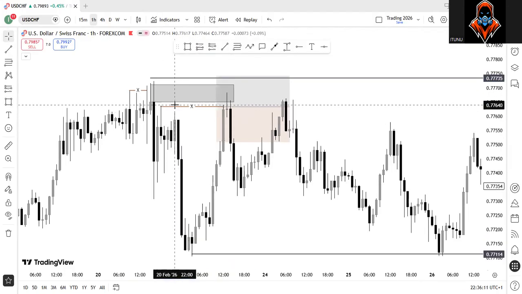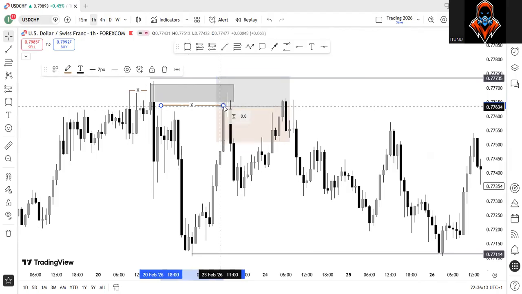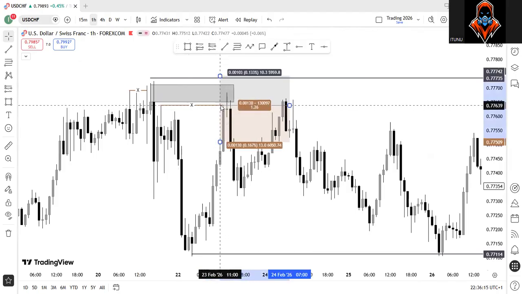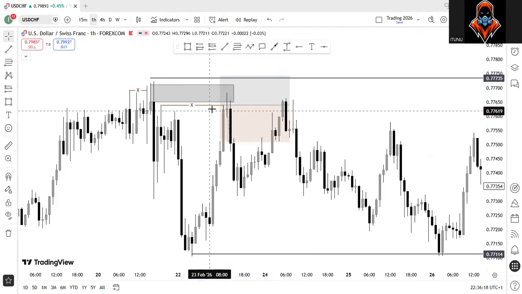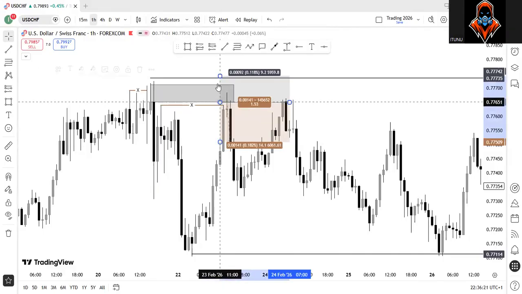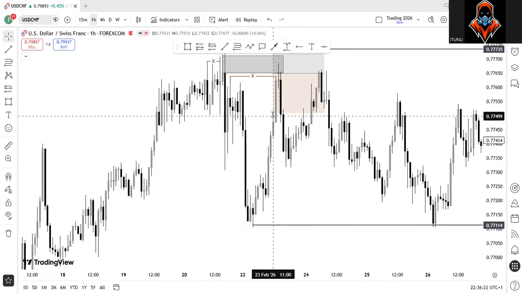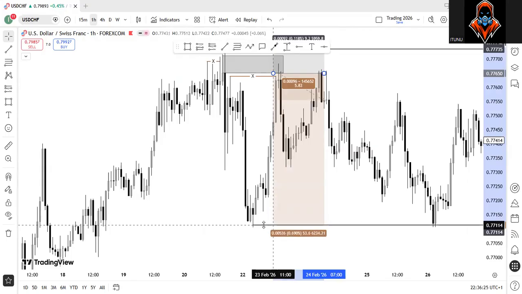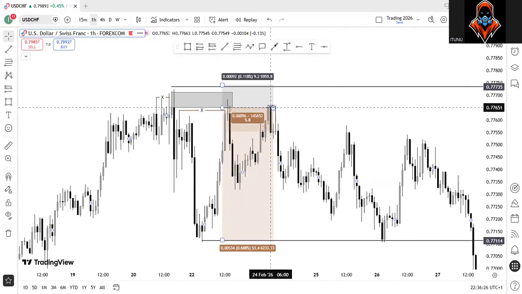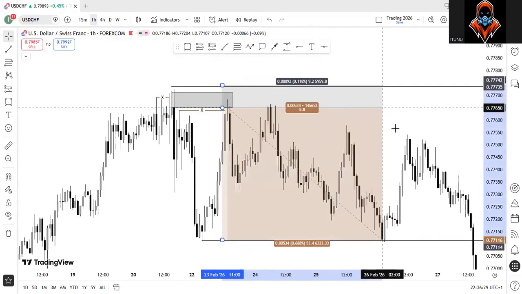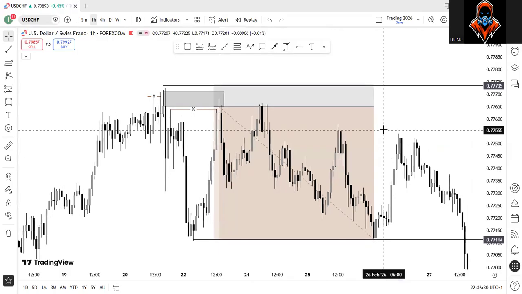But it has to be above the liquidity because we know that price has to take out this liquidity for our setup to start. So you can use the wick of that bullish candle to the end of the structure. This is a 5.8 R, meaning if you risk $100, you get $580 profit.